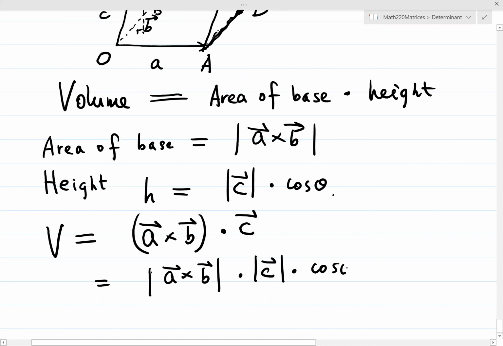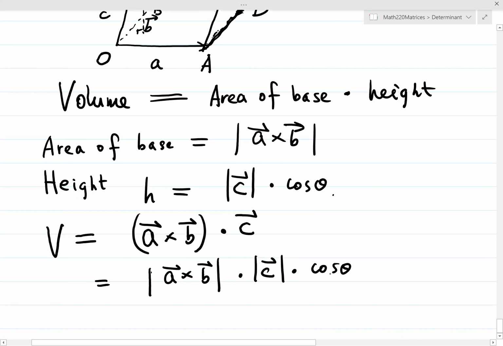Now, the norm of A cross B gives us the area of the base. The norm of C times cosine theta gives us the height. So base area times height gives us volume.